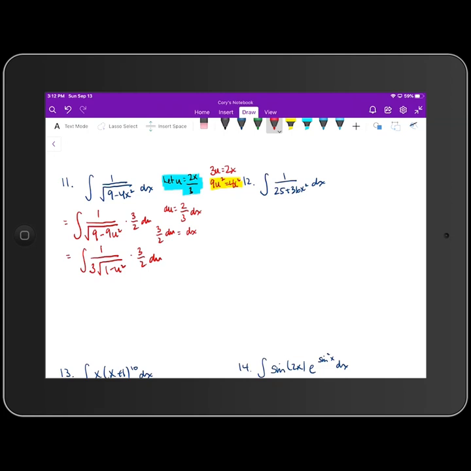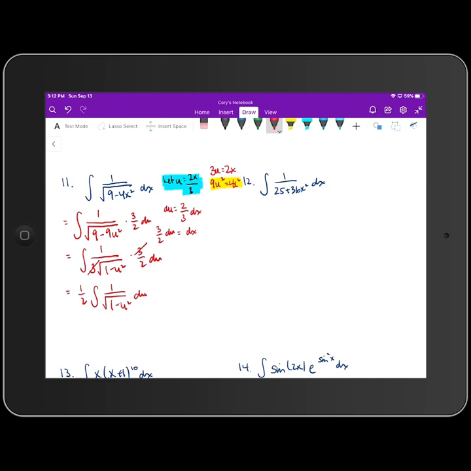So we can now cancel the factor of 3 on bottom with the factor of 3 on top. I can pull 1/2 out front, and we're integrating 1 over rad 1 minus u squared with respect to u.